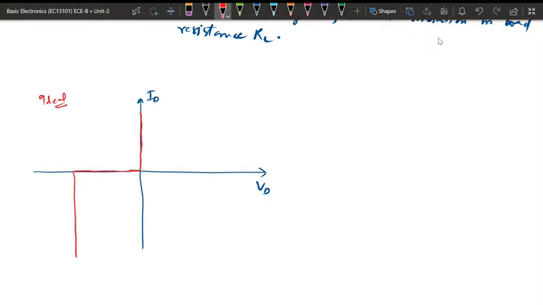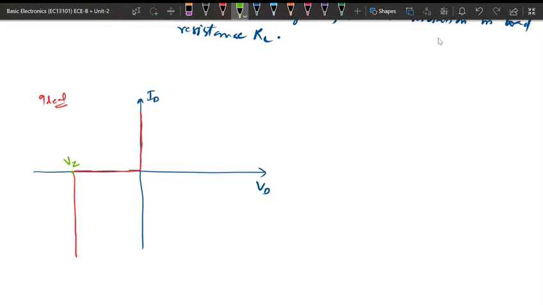This voltage is called breakdown voltage. In case of Zener diode, it will be called VZ. VZ is the voltage across the Zener diode, and if we increase this VD value beyond this VZ, the voltage across the Zener diode will still be constant. So these are the characteristics of the Zener diode.